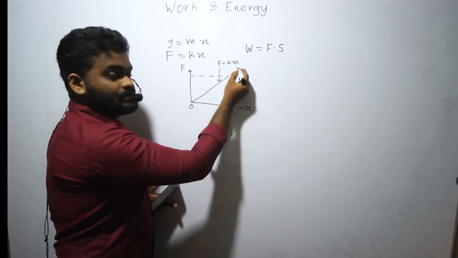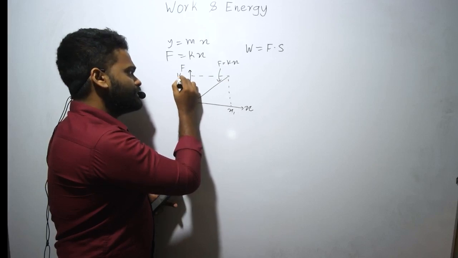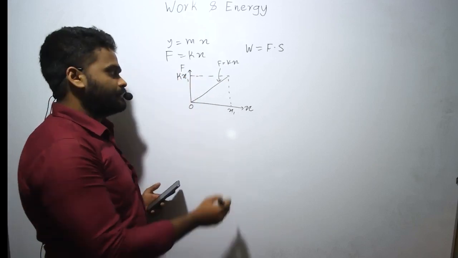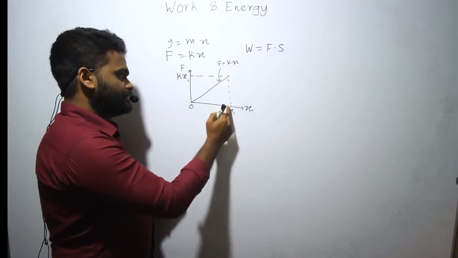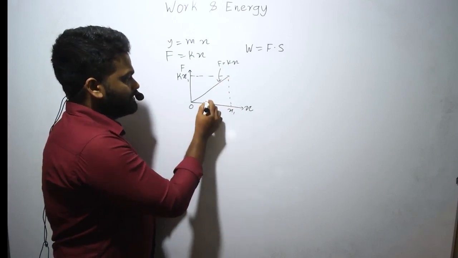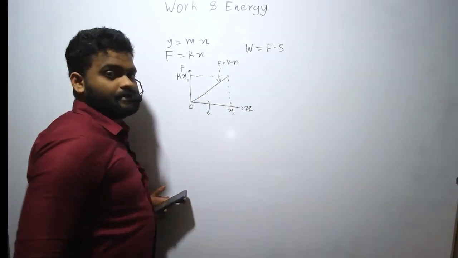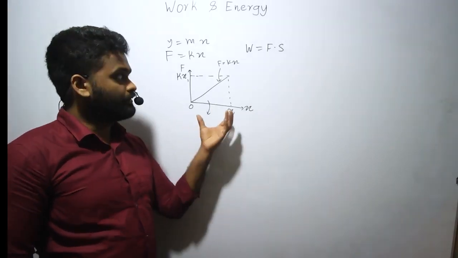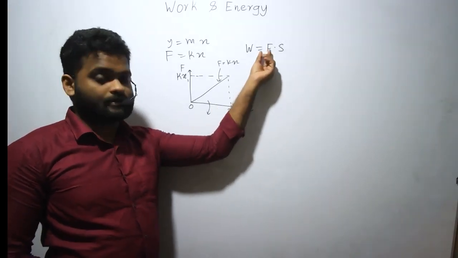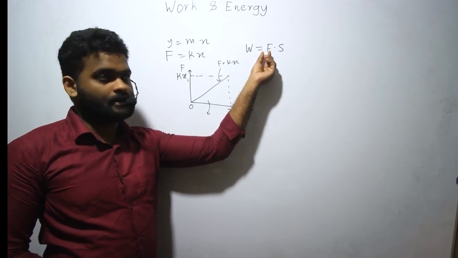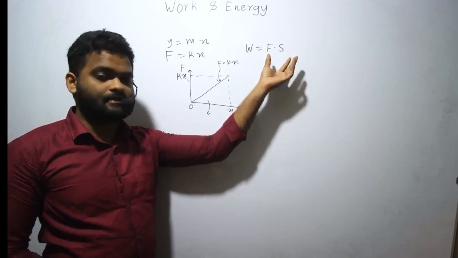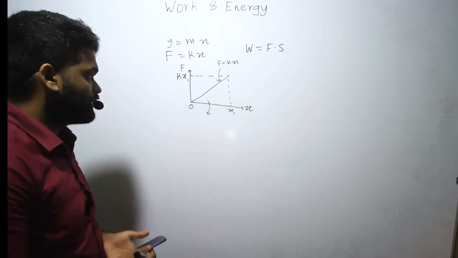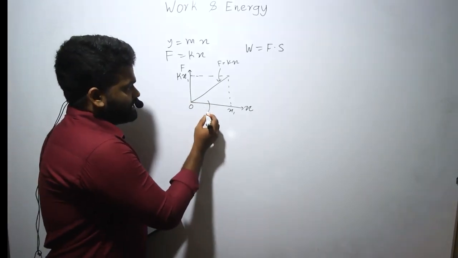Just substitute x1 here. So you get kx1 for this value, right? So you know the height and this length. Then the area of this graph gives us the work. So this is how you find work whenever you get a variable force, right? You can only apply Fs if the force is given as a constant. Otherwise you cannot, right? So what's the area of this graph?